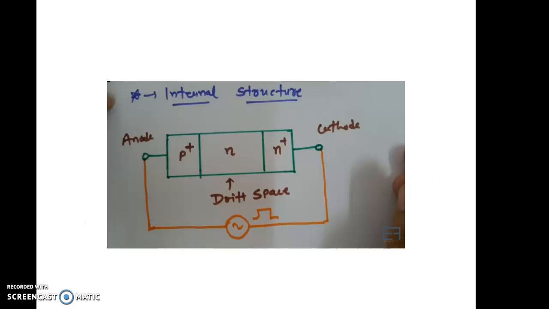Internal structure. Here the P plus N N plus TRAPATT diode is taken with anode and cathode connected and an AC signal applied, and the N region will be the drift space region.